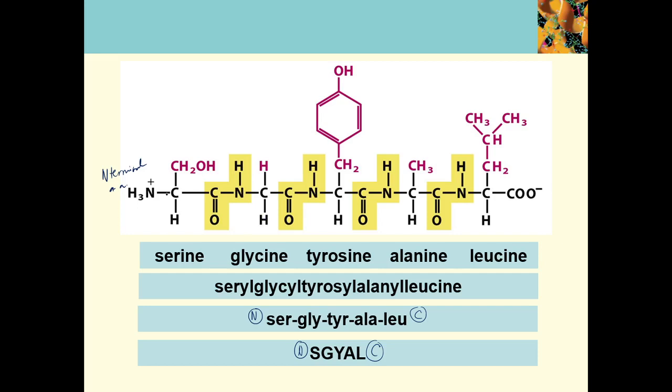All in all, you should be familiar with the structure of the side chain of each amino acid, its name, its three-letter abbreviation, and the one-letter symbol. Okay, so that ends our short discussion on peptide bond formation. Thank you very much.